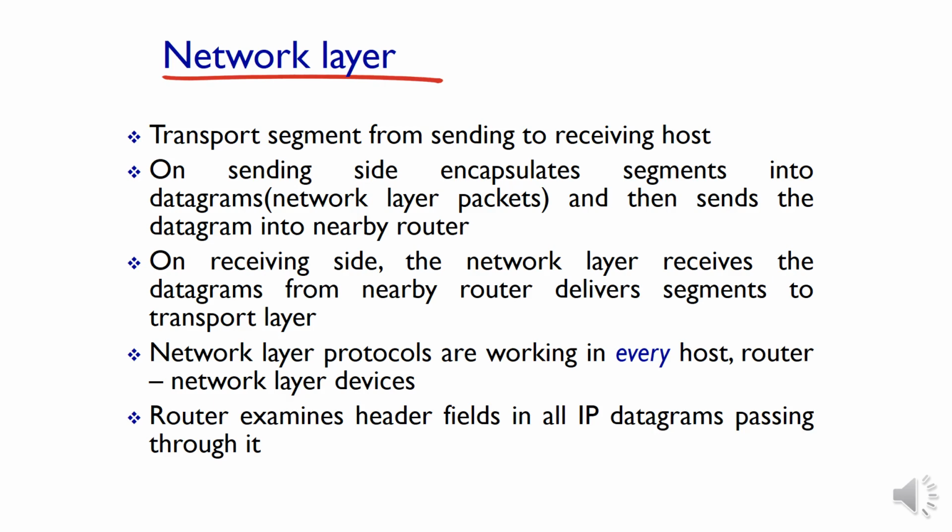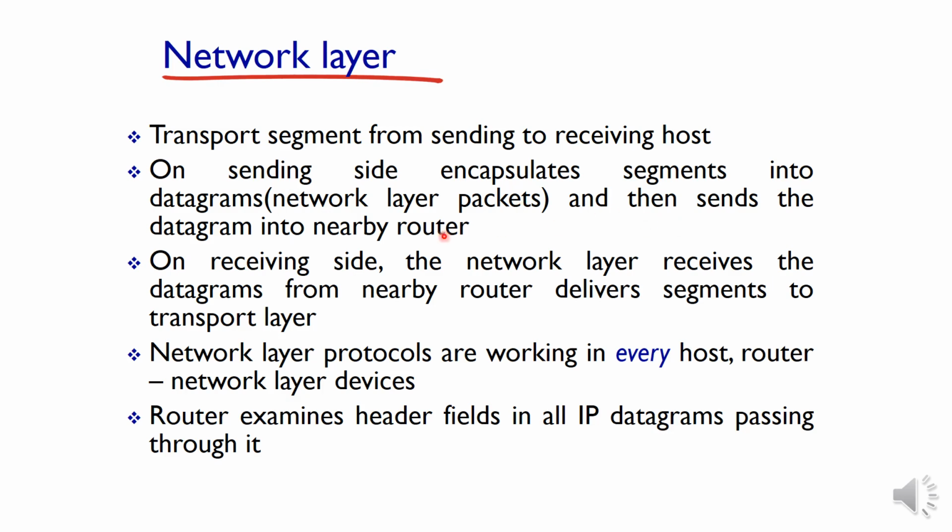As we know, the transport layer is sending segments from the sender side to the receiver side. Then the network layer, on the sending side, encapsulates the segment from the transport layer into datagrams. We know that datagrams are the packets, or PDUs, at the network layer.